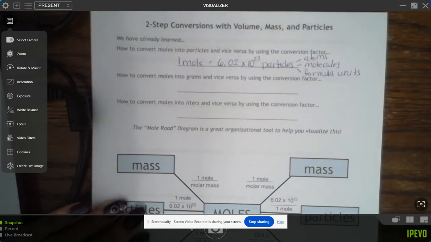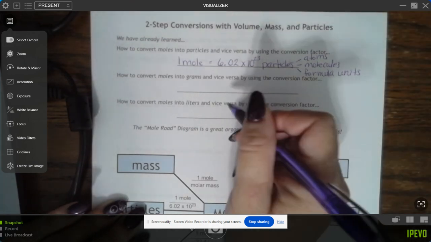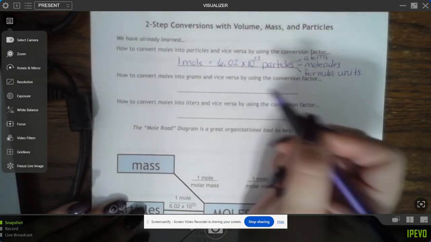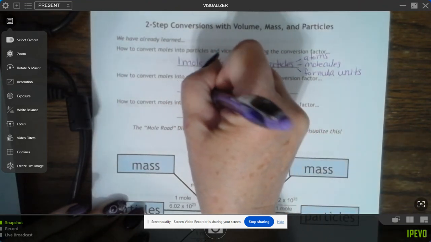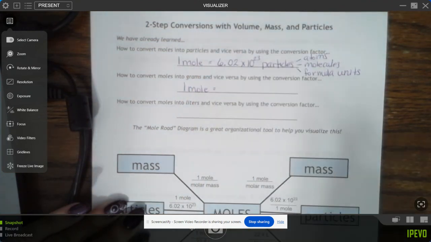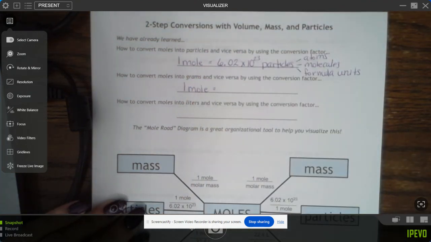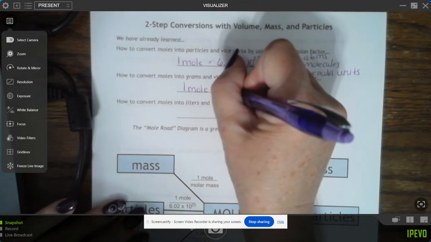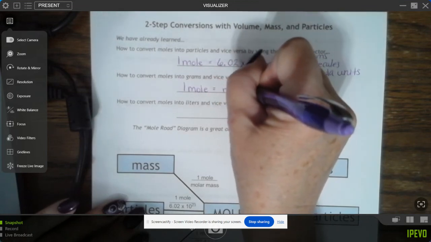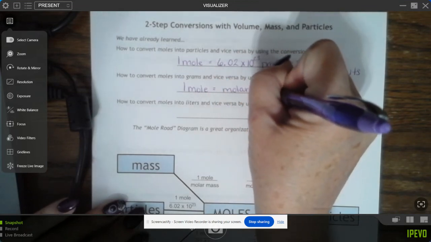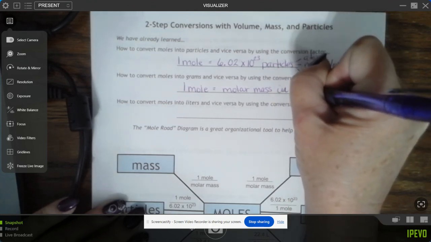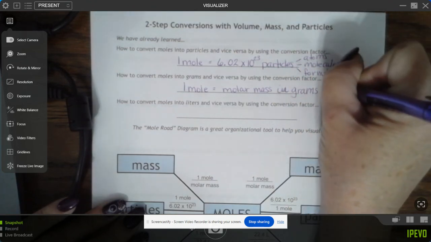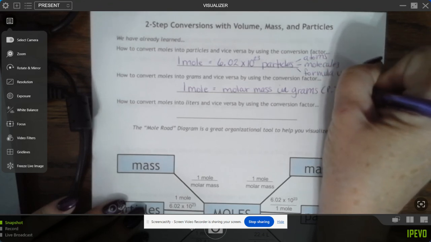And then if we want to convert moles to grams, our conversion factor is, and this is the only one where the conversion factor is not a set number, 1 mole is equal to the molar mass in grams. And we get that from the periodic table.